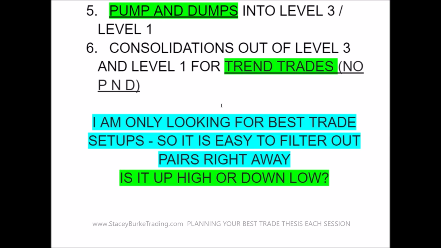So sometimes I will just avoid those until there's more clarity as the day evolves or the next day. If they've layered to continue into the next upper 100 pip box or pulled back and reversed, as we saw in some of the yen pairs this morning, underneath that 100 pip box for a move back in the other direction. Question I always ask myself, am I up high or am I down low?